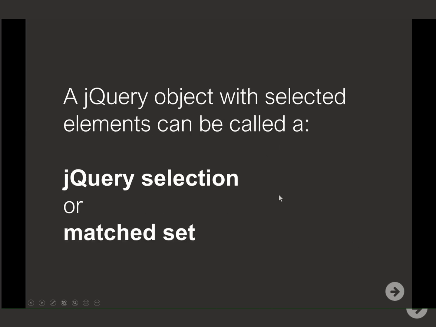So a jQuery object with selected elements can be called a jQuery selection or matched set. So that's easy to understand. That means once we provide the jQuery function with some CSS selectors, it will return a jQuery object.